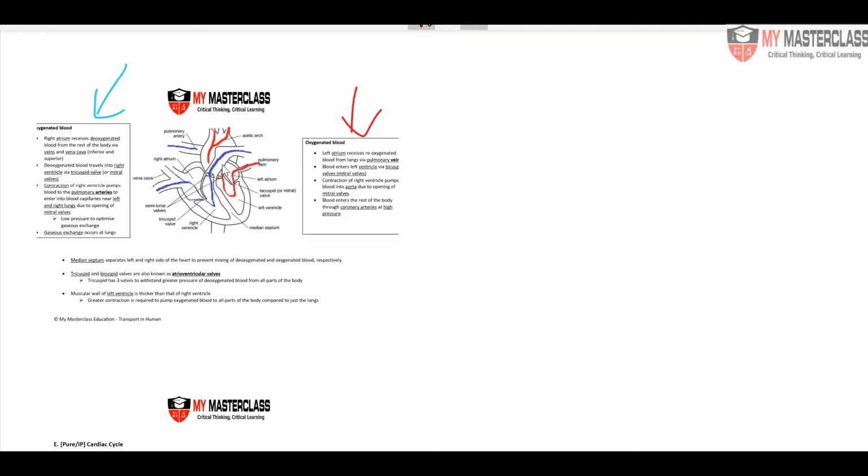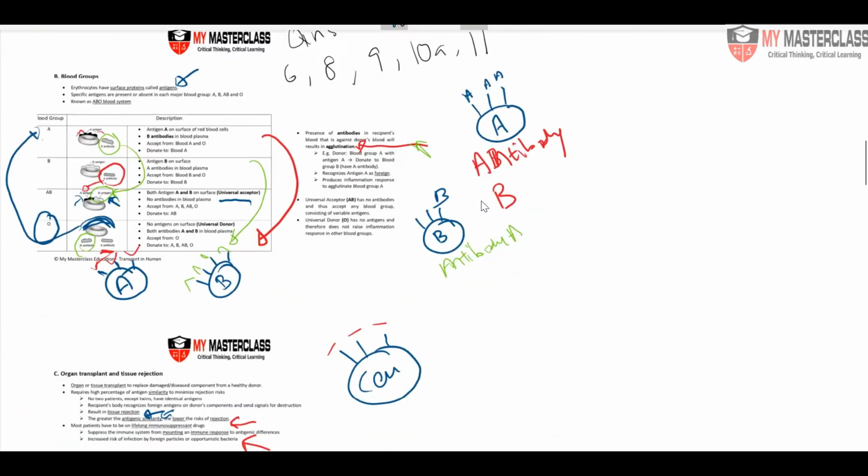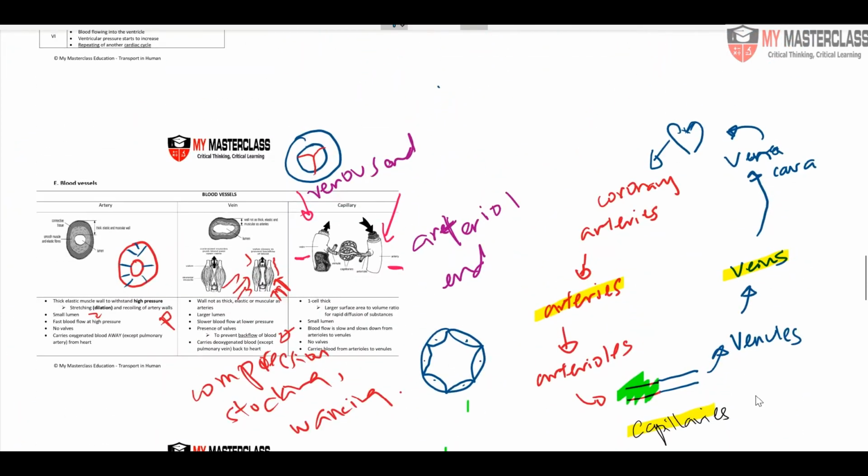So when you go through the systems, let's look at the first one here. The deoxygenated blood will enter back into the heart via the Vena Cava. When you recall the earlier page on your blood vessels, I spoke about the Vena Cava.